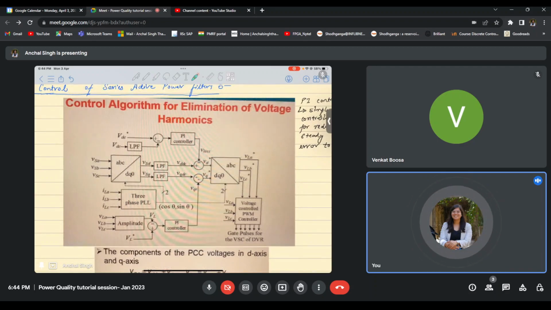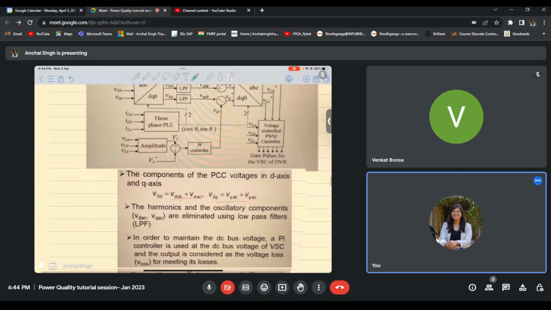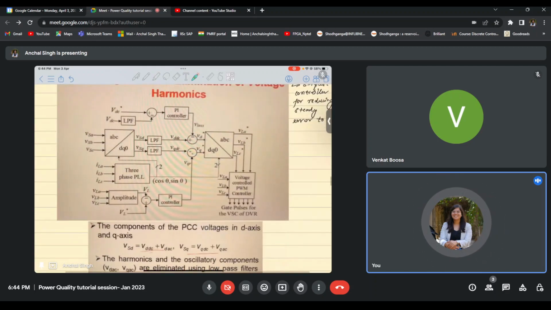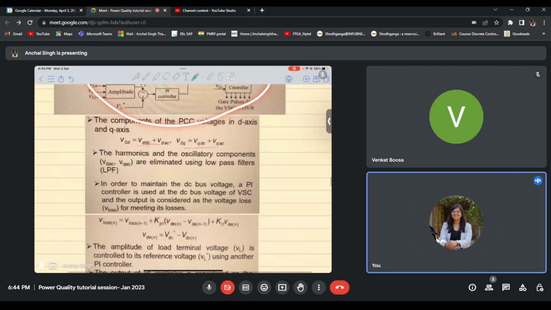In order to look at the equations involved in the system, all the system is broken down in the form of equations for you to understand it properly. Again, as I mentioned, the D part of the supply voltage has both DC and AC components, but I need to get the DC component. In order to filter this DC component, I use the low pass filter. What does a low pass filter do? A low pass filter has a frequency response like this.